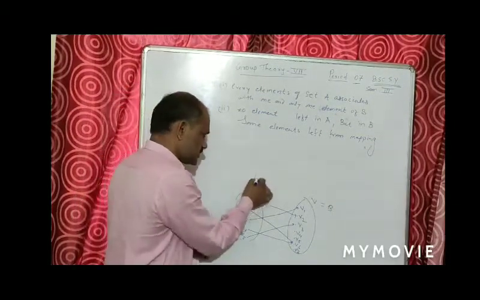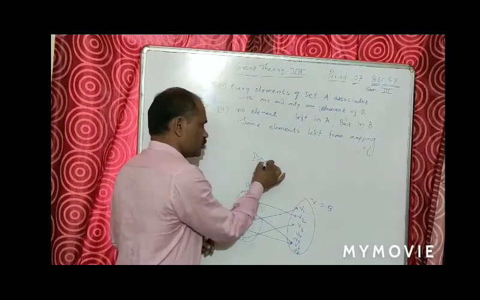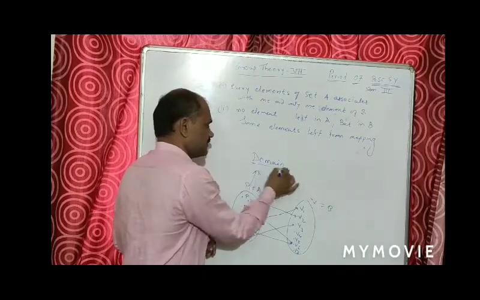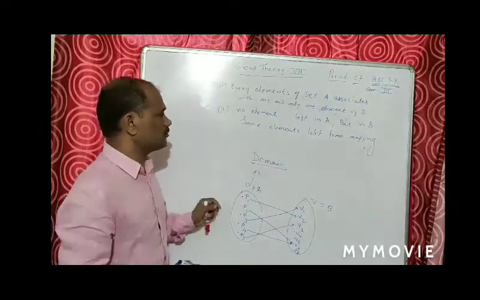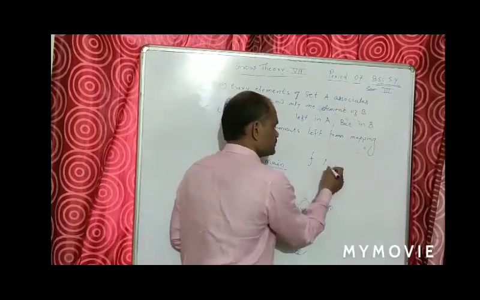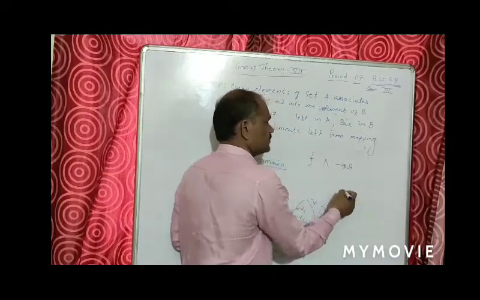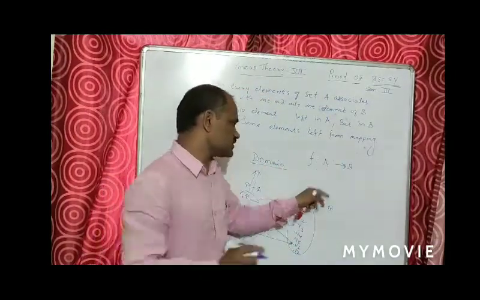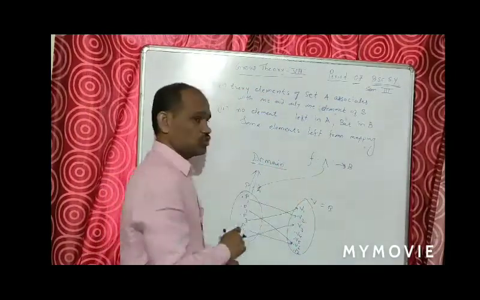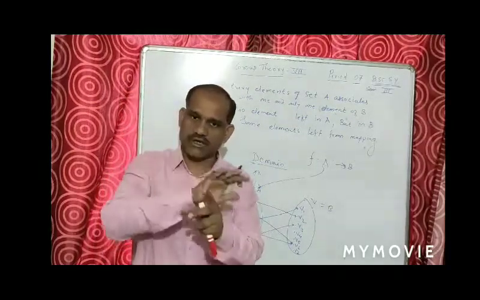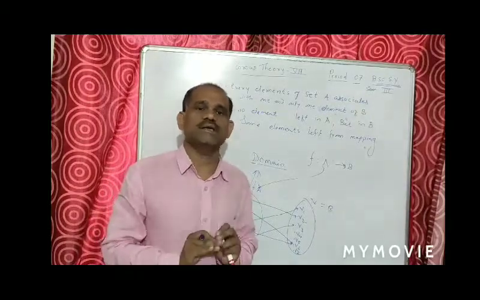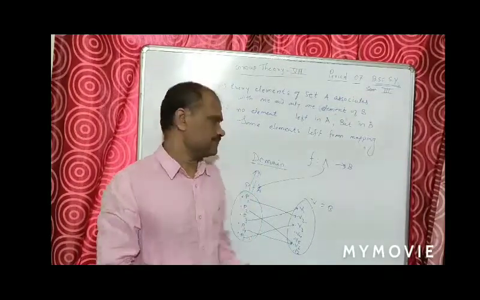So this set A is called the domain. This first set A we call the domain. In mapping F such that A to B, this set A we will call the domain. What is the domain? In function F such that A to B, set A is called domain.